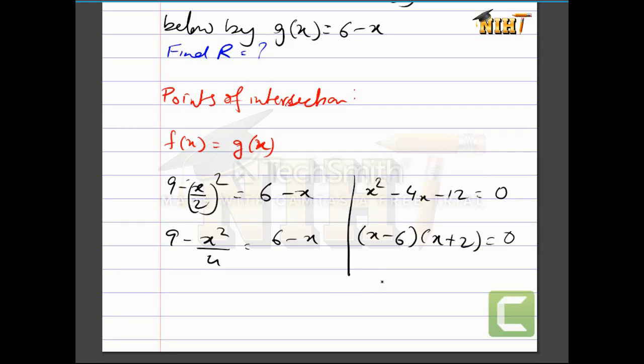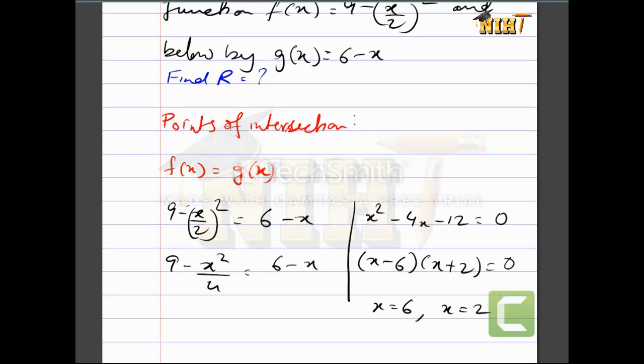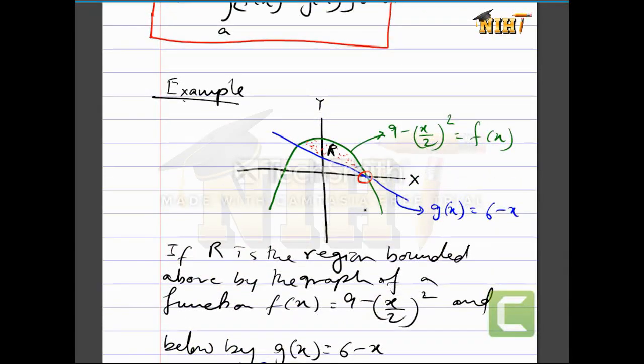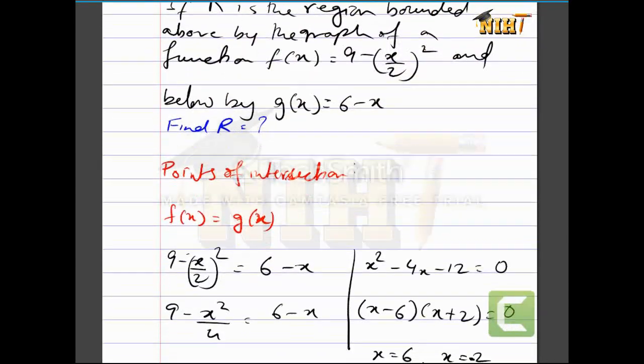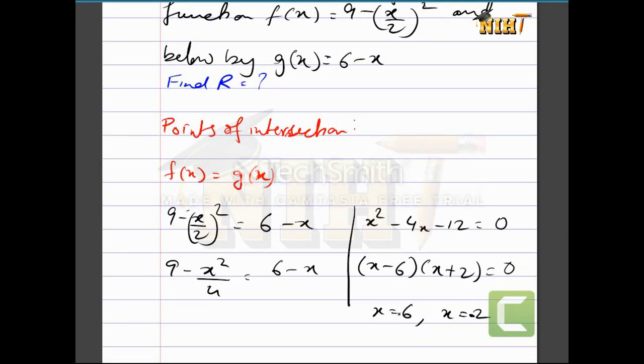Therefore, the points of intersection happen at x equal to 6 and x equal to minus 2. Interestingly enough, this is what gives us the upper and lower limits for the definite integral.